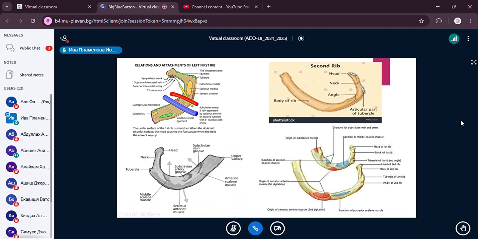Here are the insertion and origin points of the other muscles in this region. Another ligament. That's the muscle here, of course. So now you can see the subclavian artery and subclavian vein in these grooves: sulcus arteriae subclaviae, sulcus venae subclaviae.